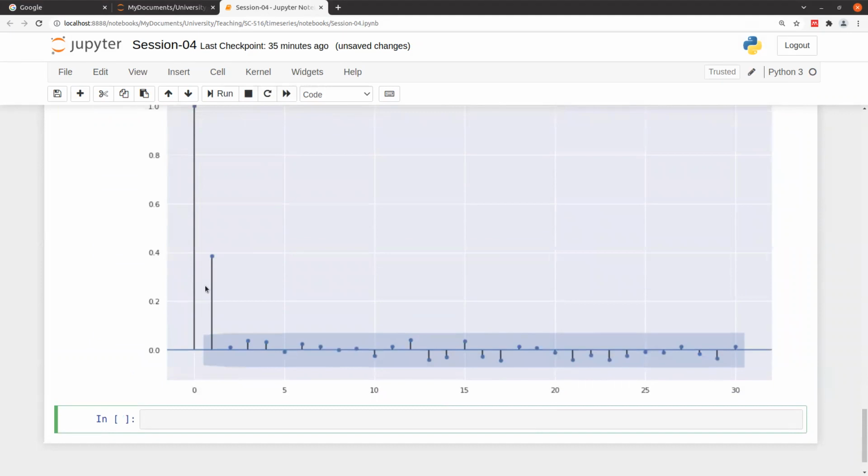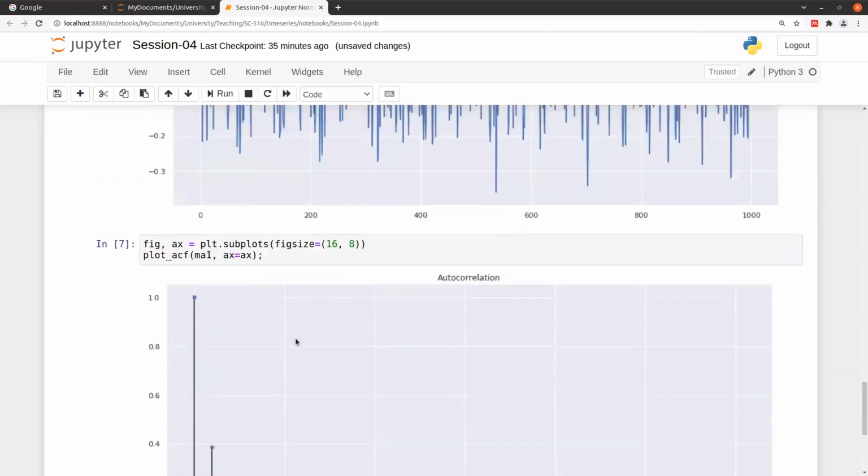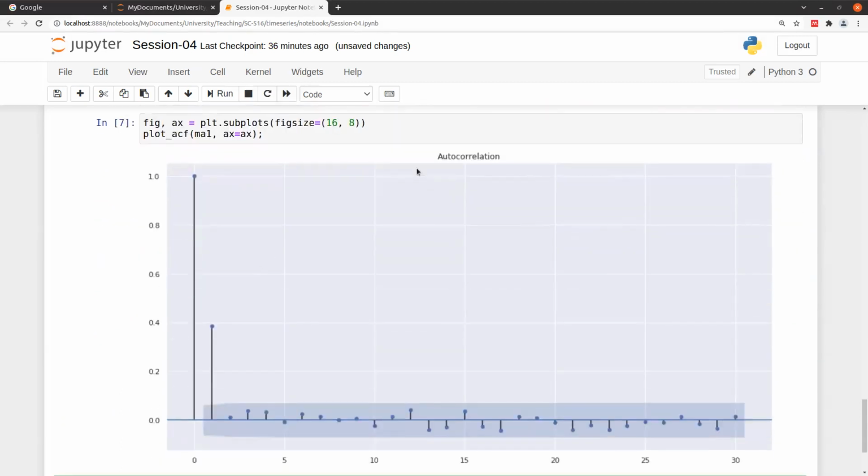You can see at lag 1, we have a non-zero value. We have a non-zero value at lag 1, right? Then it is a moving average order 1 process, because we know that we simulated it, right? In here, we simulated an order 1 moving average process, and the ACF plot represents it as well. Then what is the vice versa? Then we have real data.